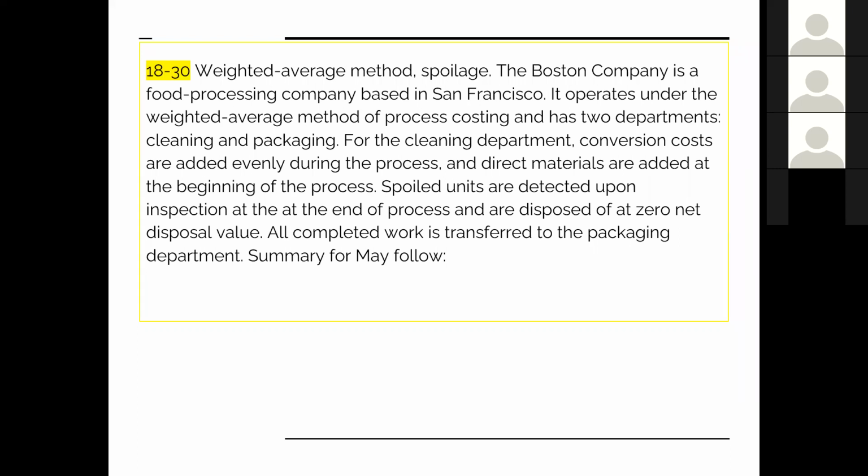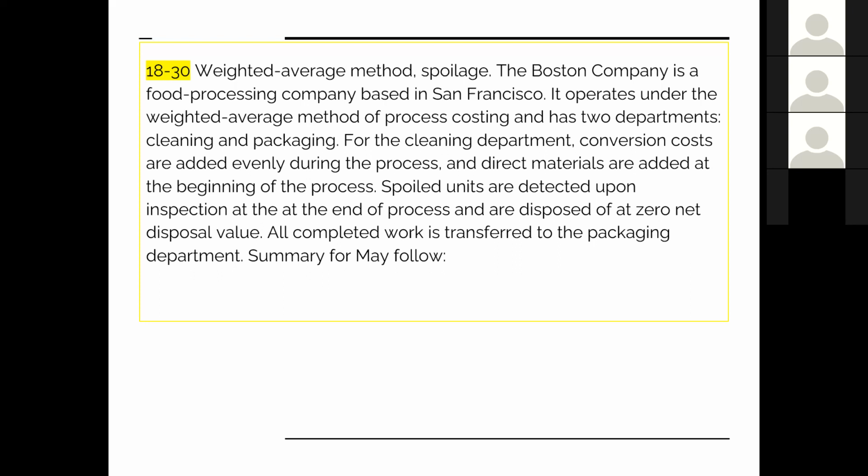For the cleaning department, conversion costs are added evenly during the process, and direct materials are added at the beginning of the process. Spoiled units are detected upon inspection at the end of process and are disposed of at zero net disposal value. All completed work is transferred to the packaging department.